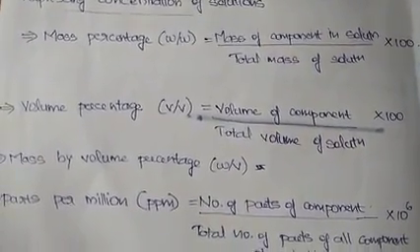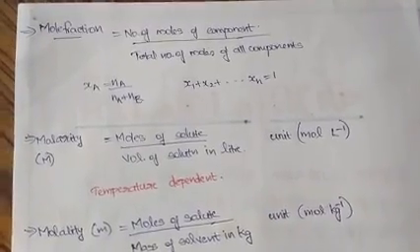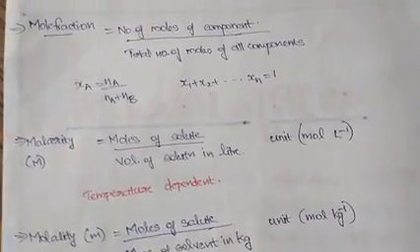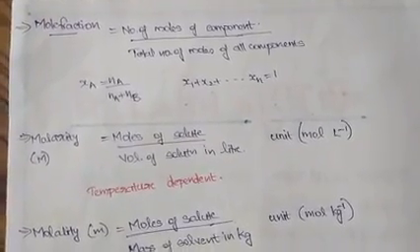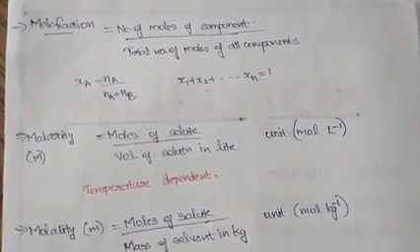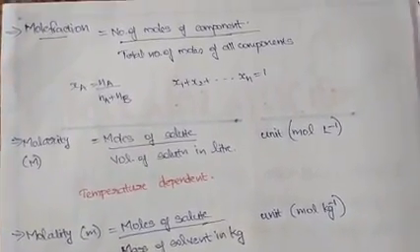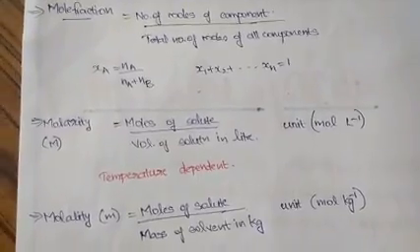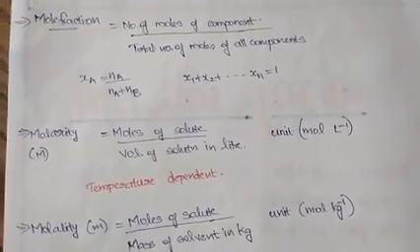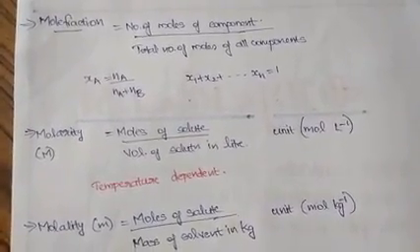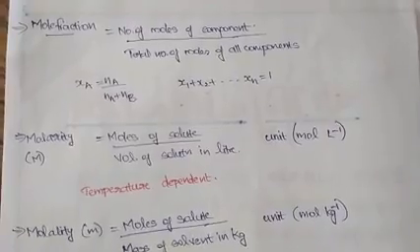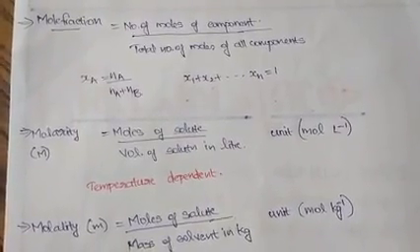Next term is the mole fraction. Here we represent the number of moles of a component to the total number of moles of all components. The mole fraction is expressed by the small letter x. That is, XA is equal to Na by Na plus Nb.